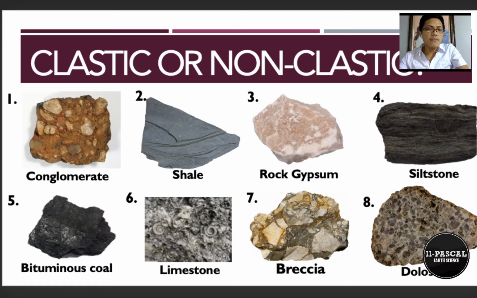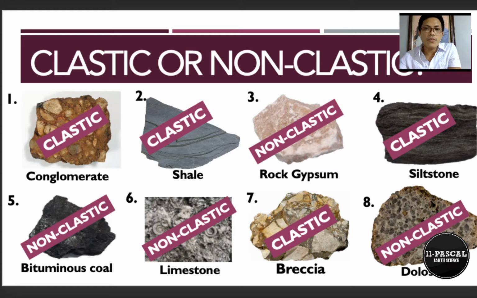So here I have sedimentary rocks, and let's classify them whether they are clastic or non-clastic. Number one is conglomerate, two shale, three rock gypsum, four siltstone, then we have bituminous coal, limestone, breccia, and dolostone. If your answers are the following, then you are correct.